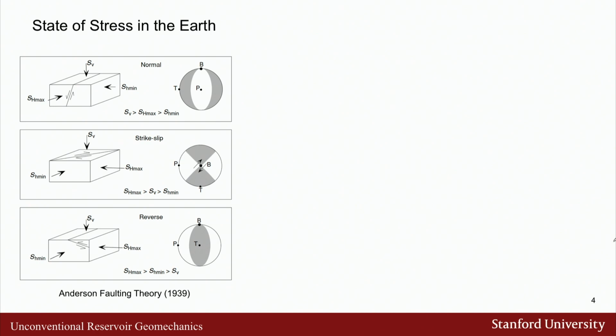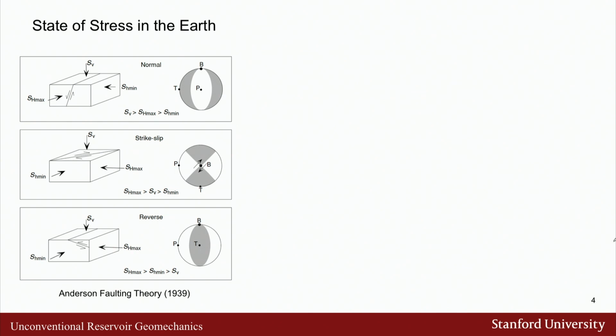For a reverse fault, again in a highly faulted area, in a reverse faulting environment, the fault that would be active today strikes in a direction perpendicular to SH max and dips about 30 degrees. The vertical stress is the minimum stress. This has obviously been well known for 80 years and is a very useful construct.